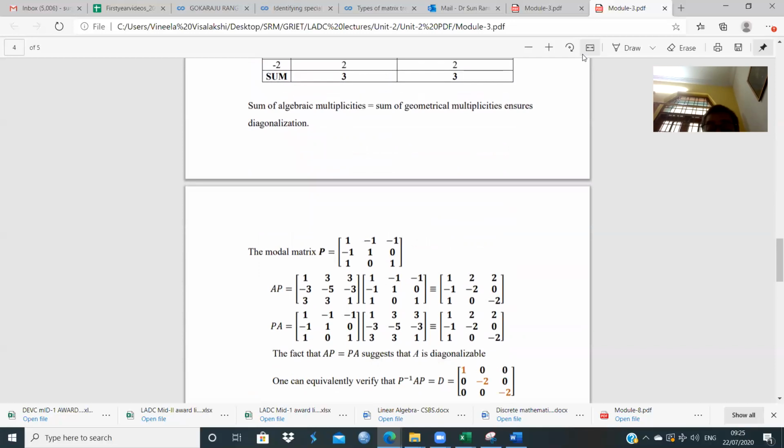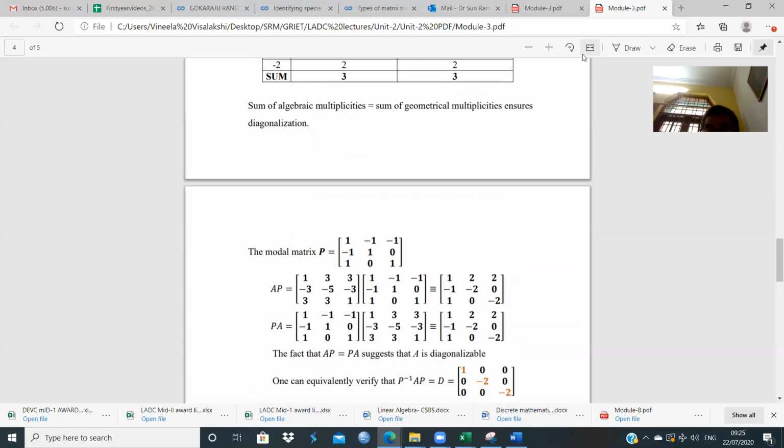So store all the vectors in the matrix P, and let us check whether the product AP is equal to PD. And we find that both of them are the same. Because AP is equal to PD, this suggests that A is diagonalizable.